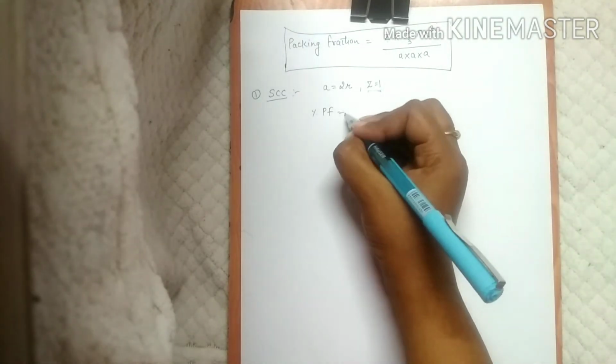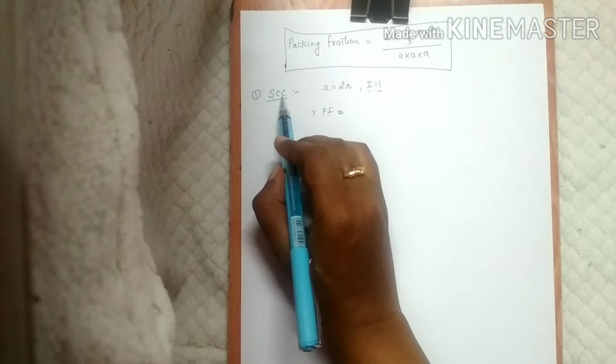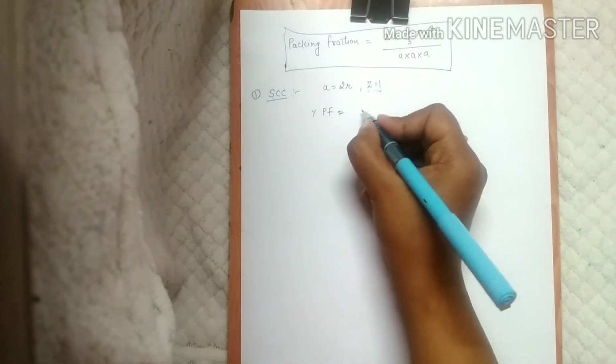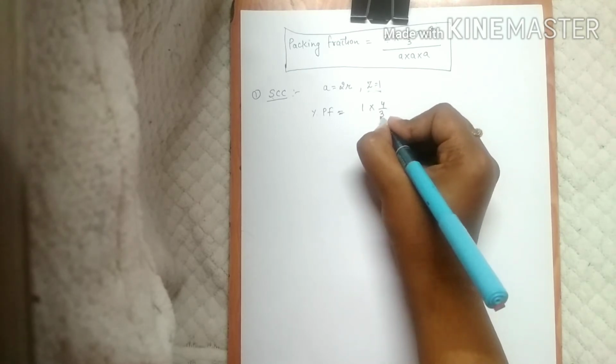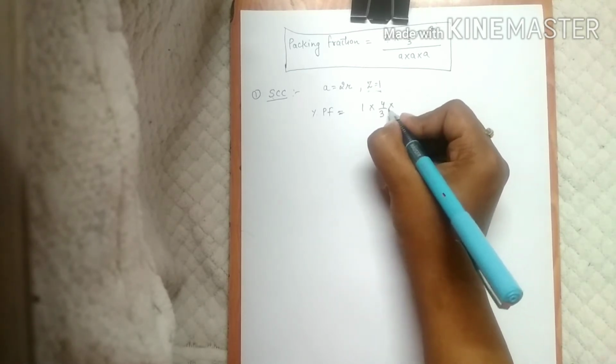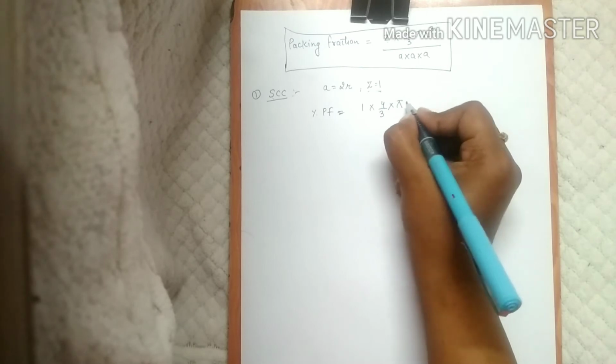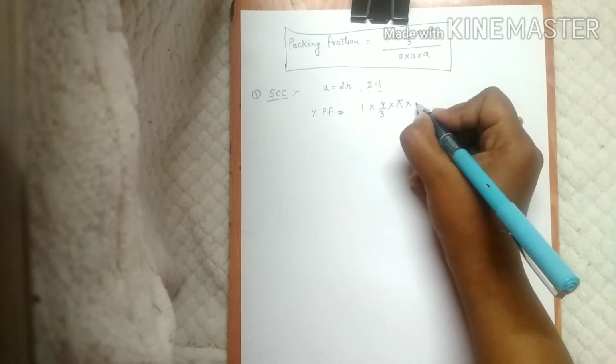So now packing fraction in case of simple cubic unit cell will be, Z is equal to 1, so 1 into 4 by 3 pi r cube.